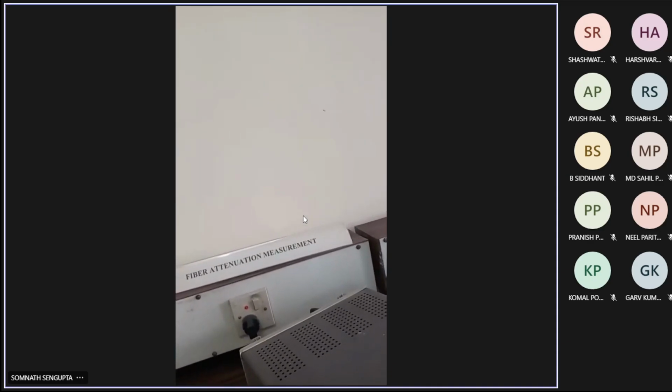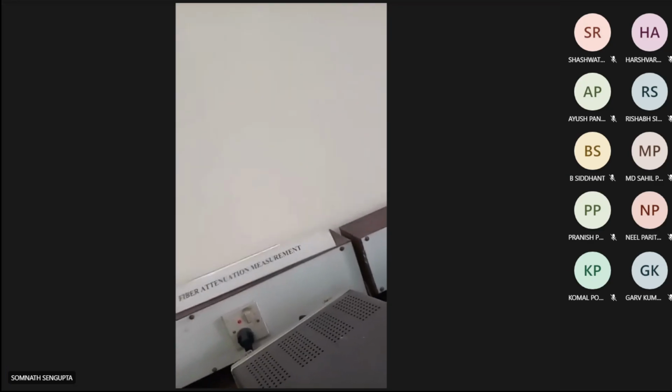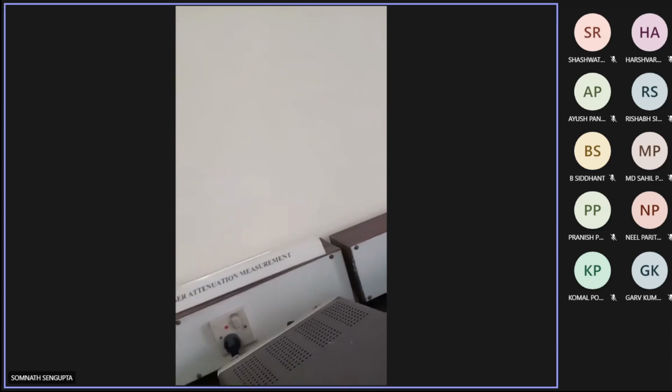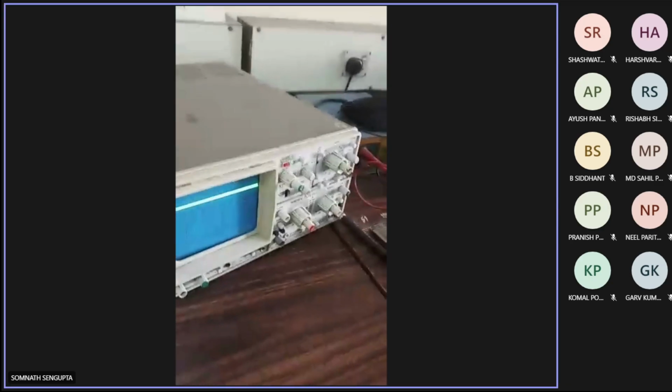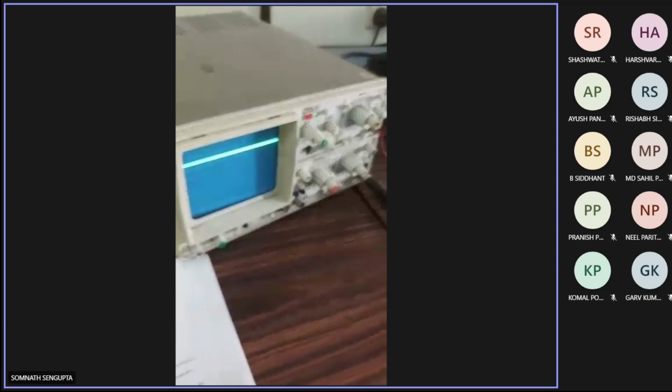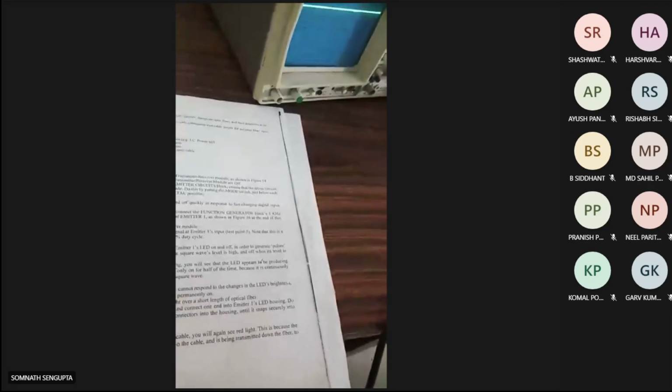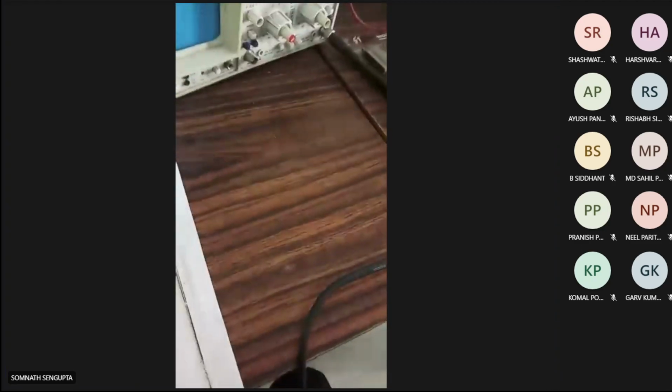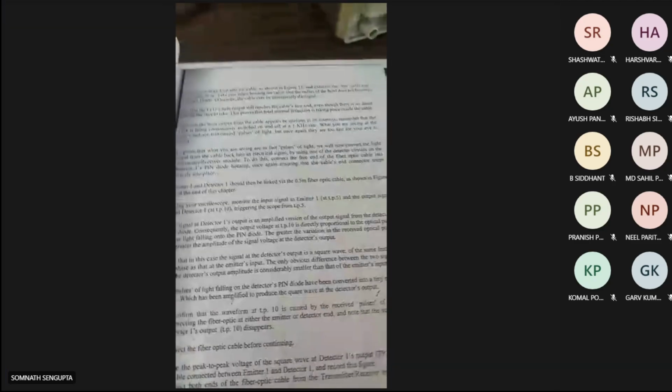But you have to take, you see the manual, I will show how the attenuation will be calculated. I have uploaded the manual, you can see there.